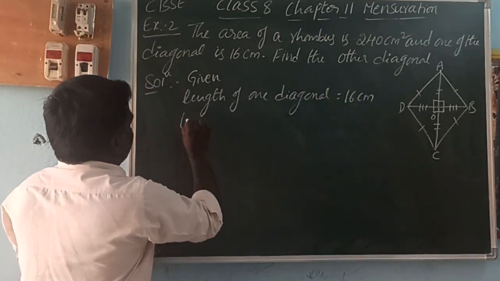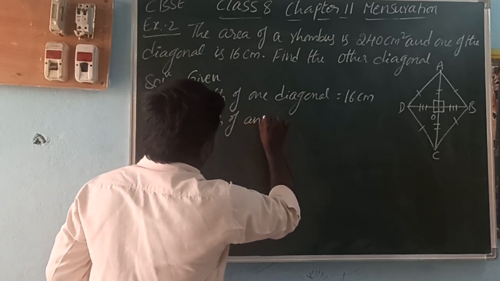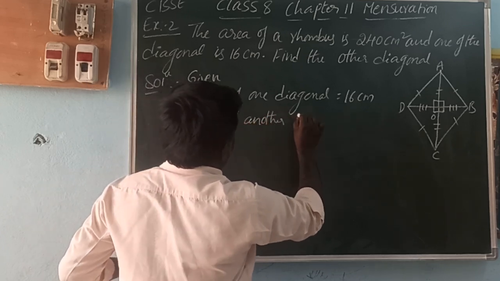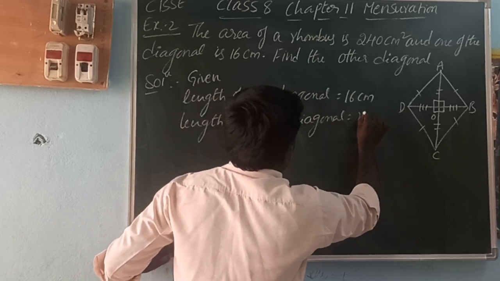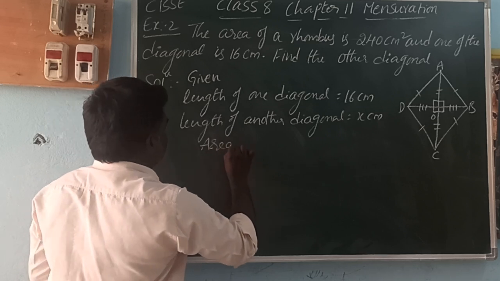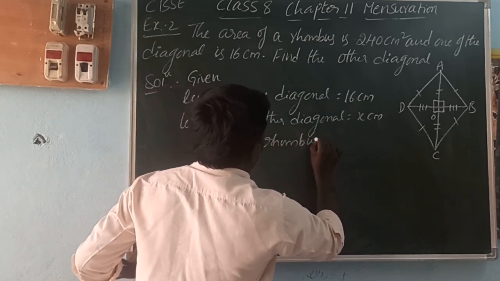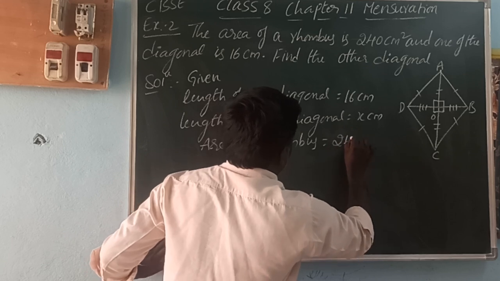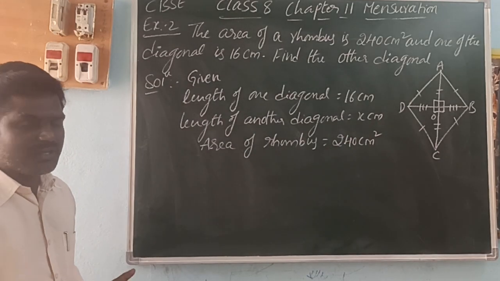Next, the length of the other diagonal they did not give, so let us take the other diagonal as x. Next, given the area of rhombus, 240 centimeter square. So what is the formula for area of rhombus?